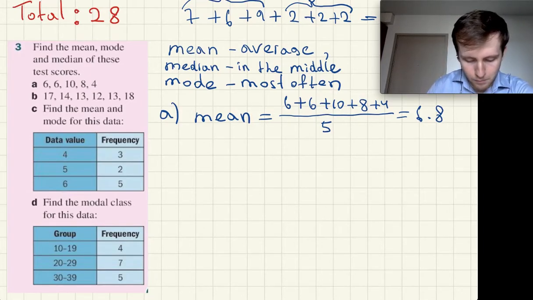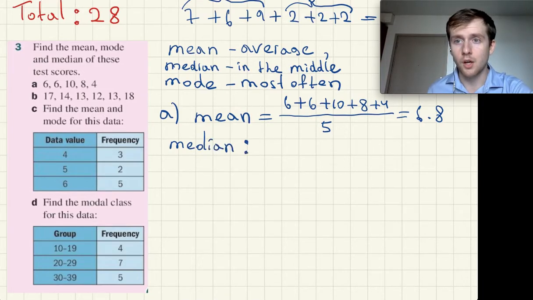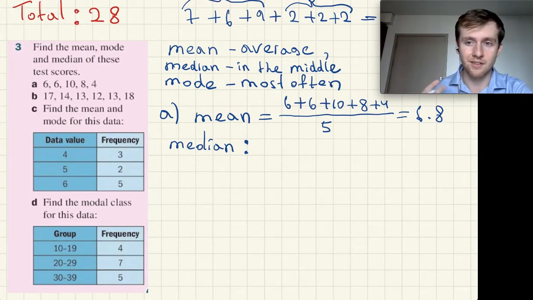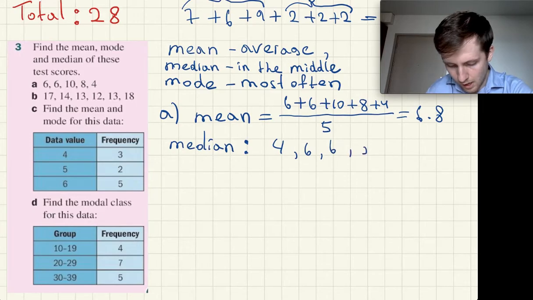Median is in the middle, but we have to sort them first from the lowest, from the least number to the greatest. So we go 4, 6, 6, 8, 10, and now we can see that in the middle we have 6.